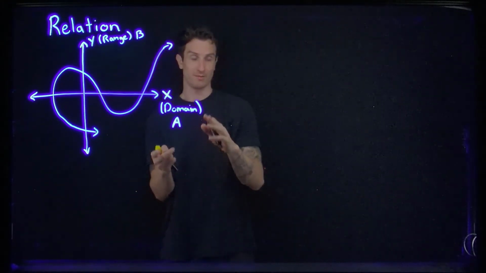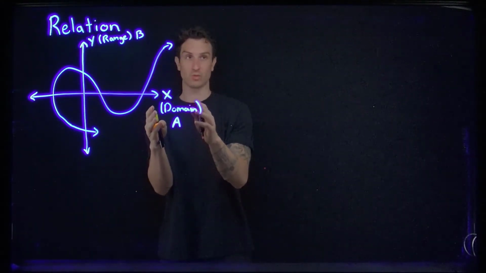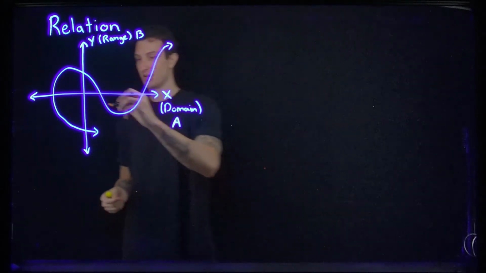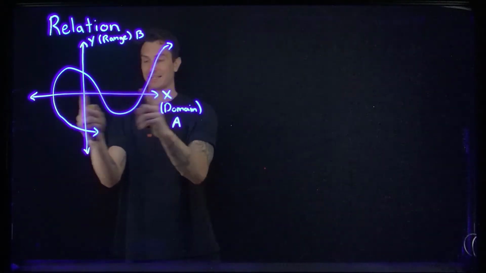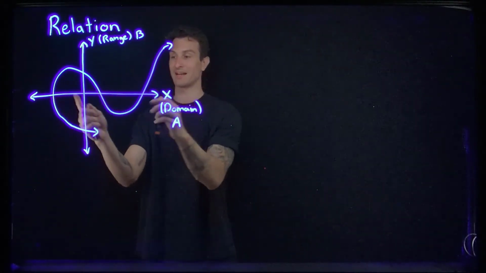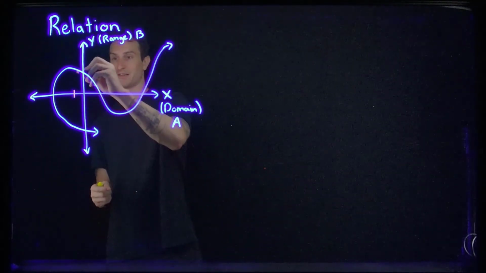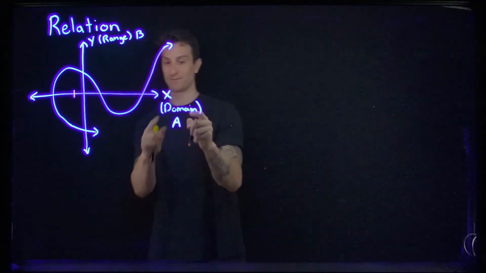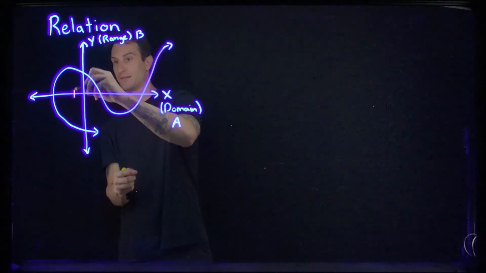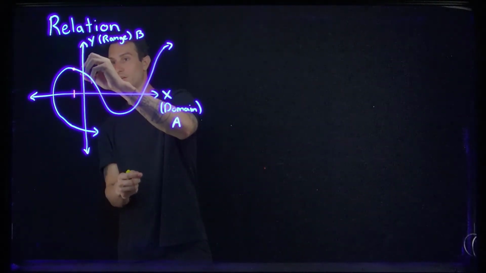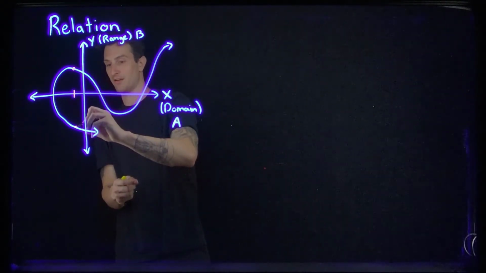Why? I mean, what is the real difference between this and a function? Well, imagine this x-axis is all the values of my domain that I can plug in. So I can look and go, okay, in this case, this x value, which is in my domain, maps to two different things. It maps up here, and it maps down here.